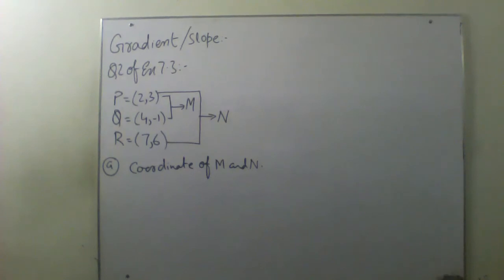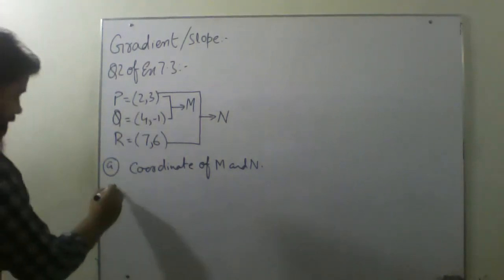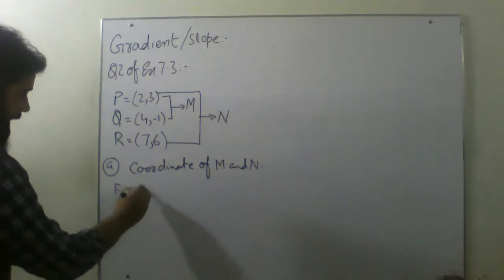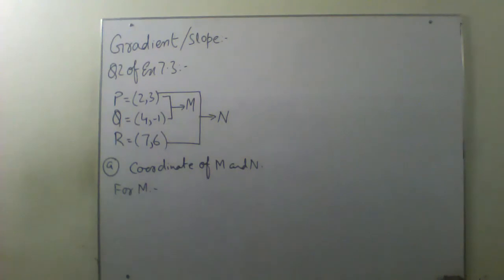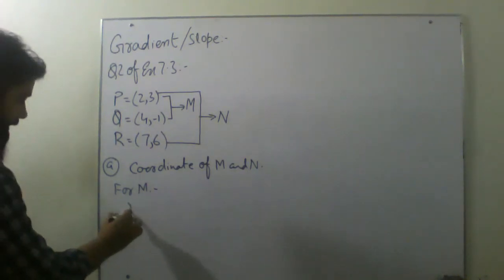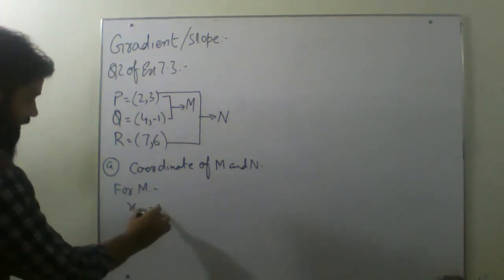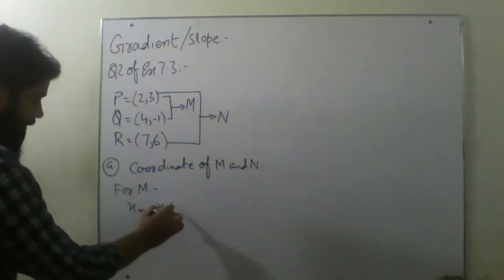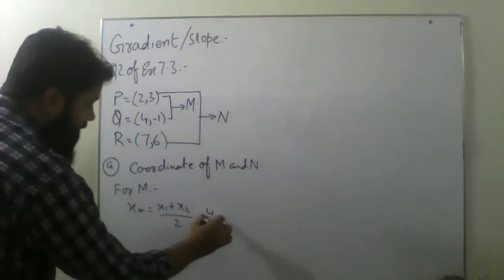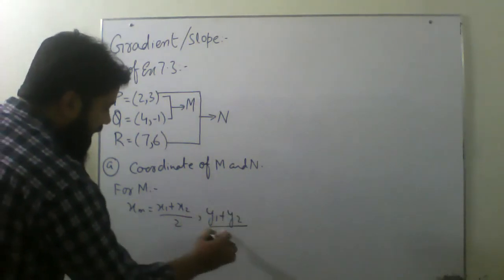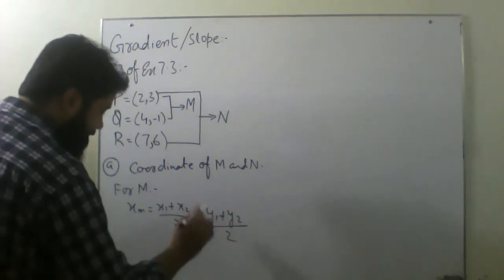So how will I find it? First of all, M is the midpoint of P and Q, and the formula for the midpoint, which I have told you in previous classes, is x1 plus x2 divided by 2, y1 plus y2 divided by 2.